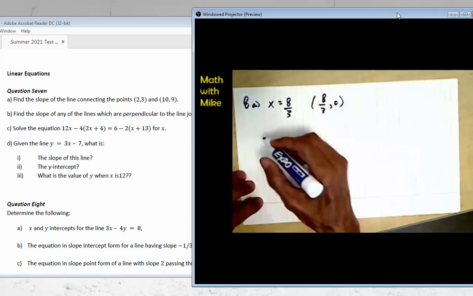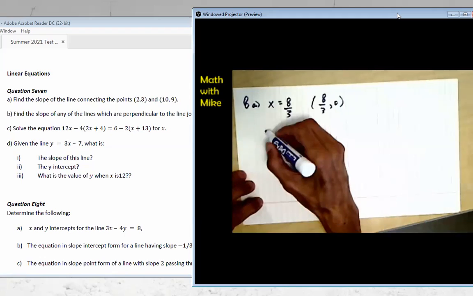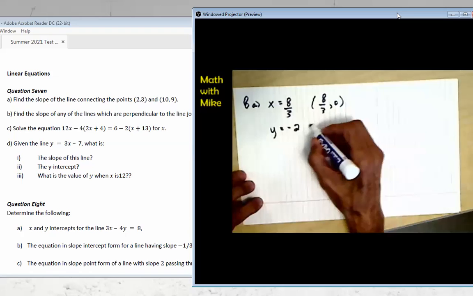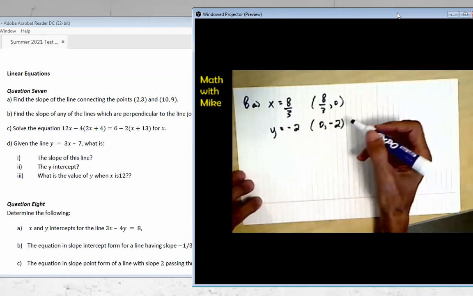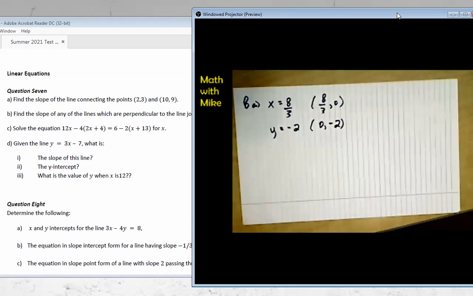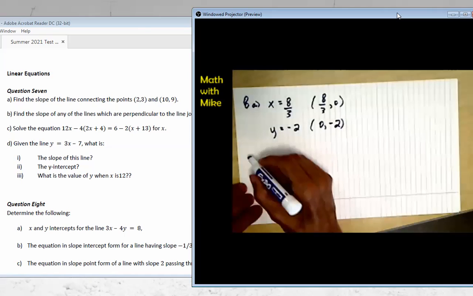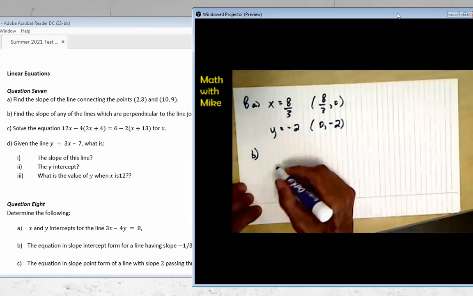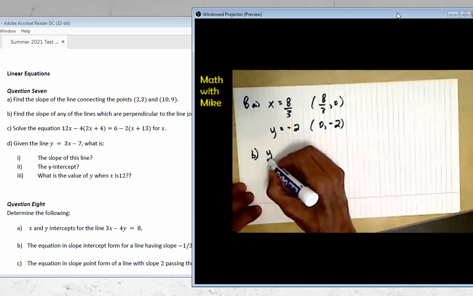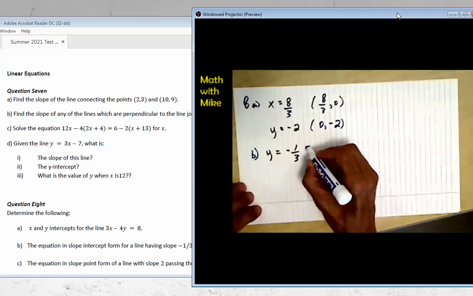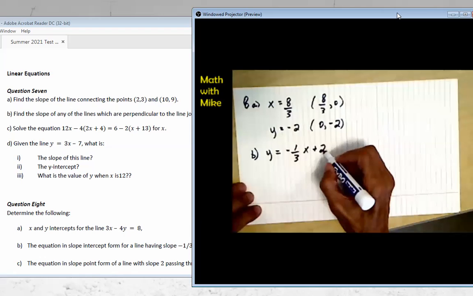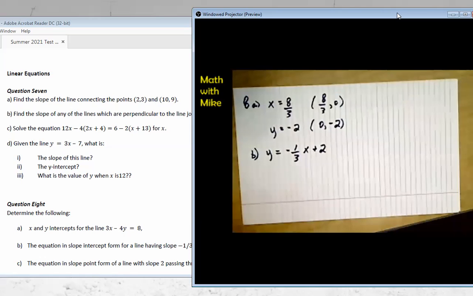And then for the y value, it's -2, which means it'll have the coordinates 0 and -2. For B part, it says the slope intercept form. So that's just going to look like this. Slope along with the intercept form there. It's off the screen, but it's on your page that you have.